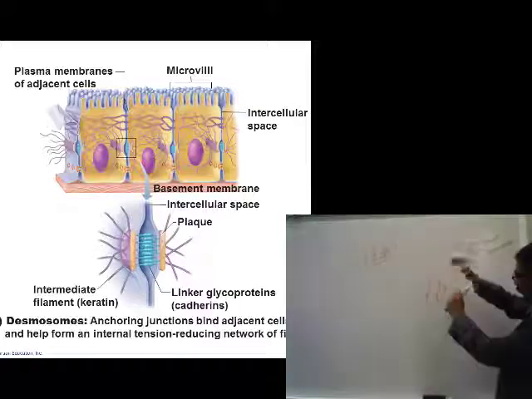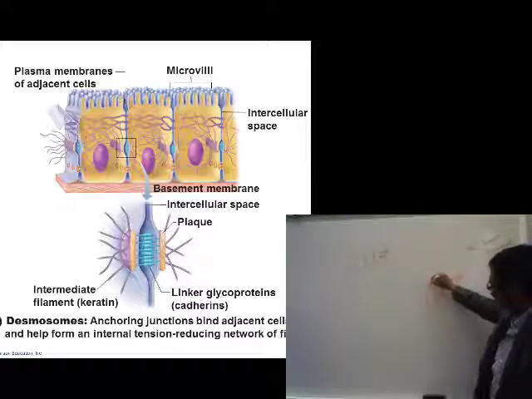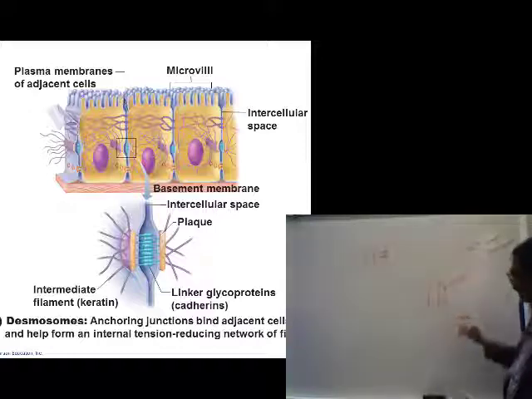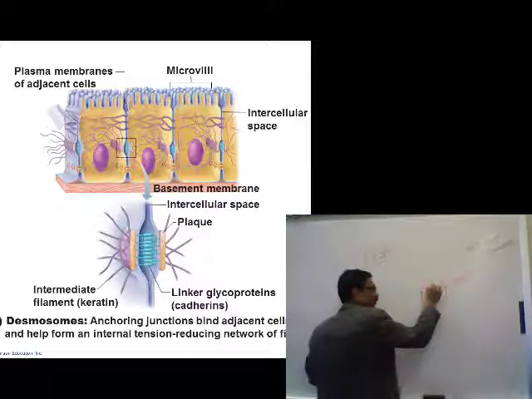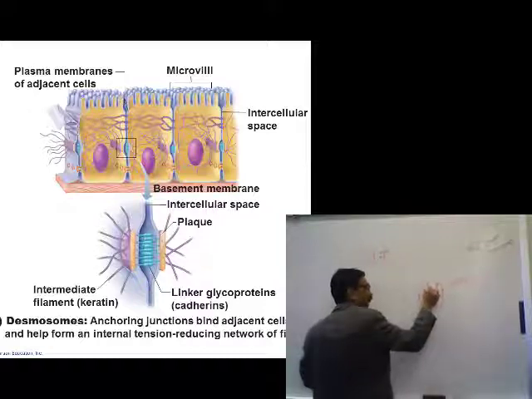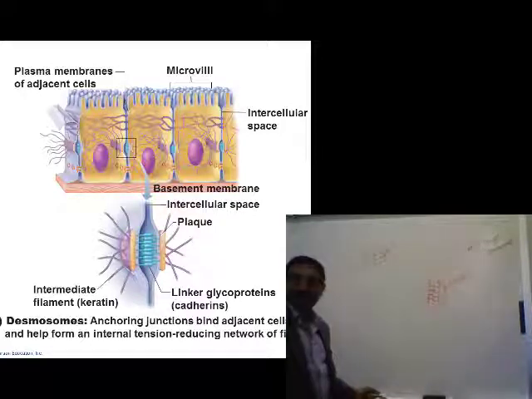Like, you know, a flat disc is attached to the inner side of the cell membrane, and from those plaques, linker glycoproteins arise, and these linker glycoproteins are also called cadherins.